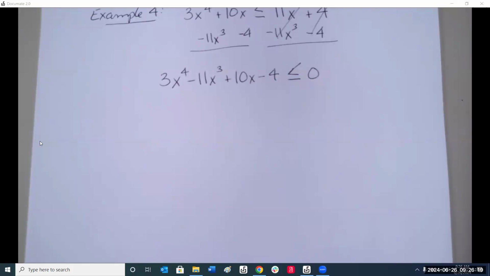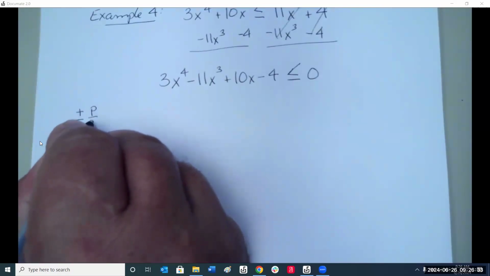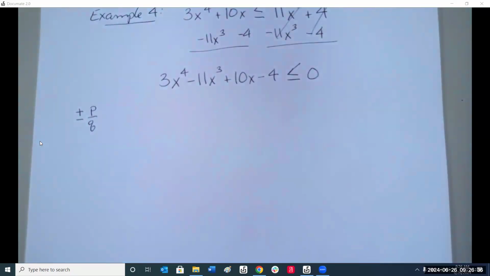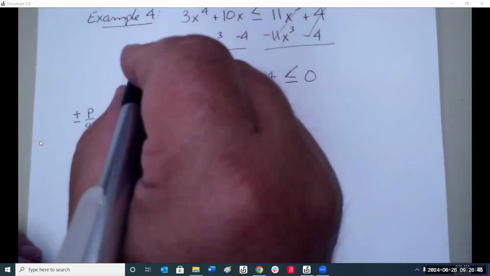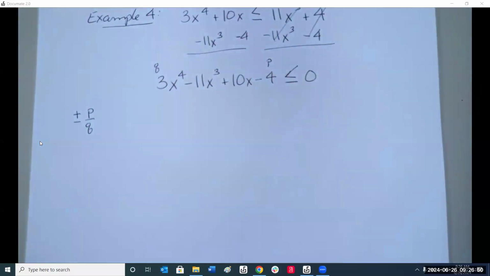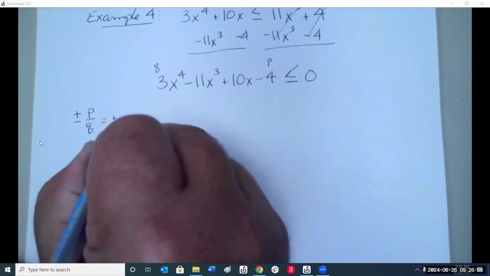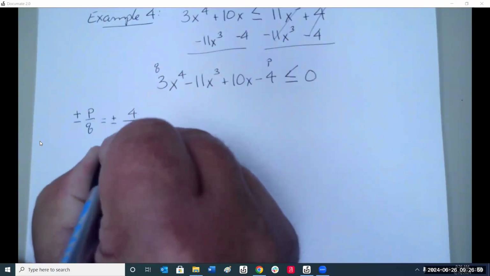What did we do in chapter 4 earlier? The rational zero theorem. Whenever you're trying to solve a higher order polynomial, where Q is the first term and P is the last term, so it's 4/3.